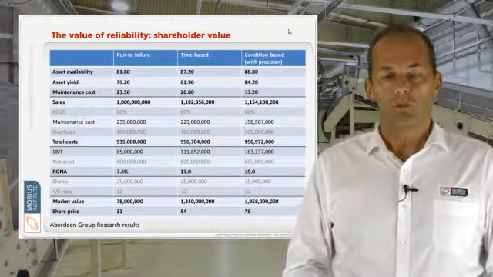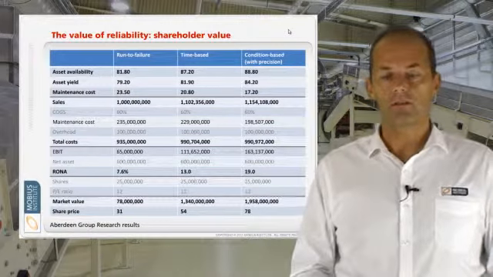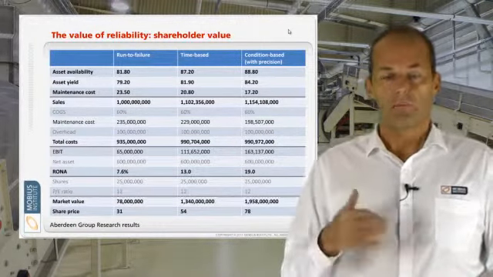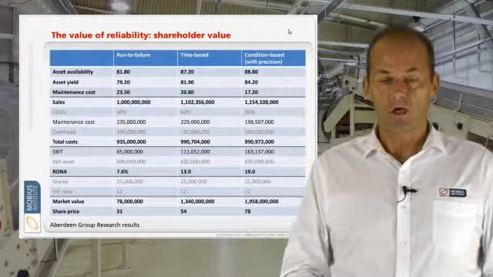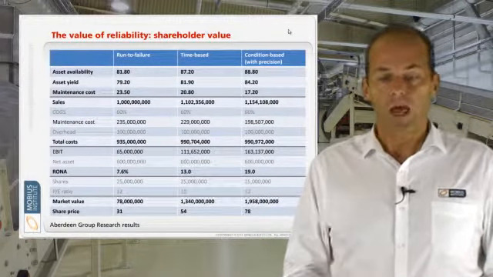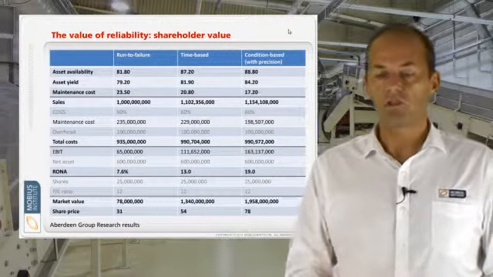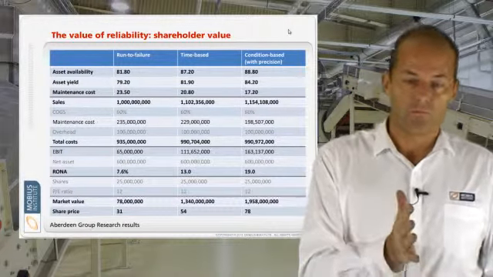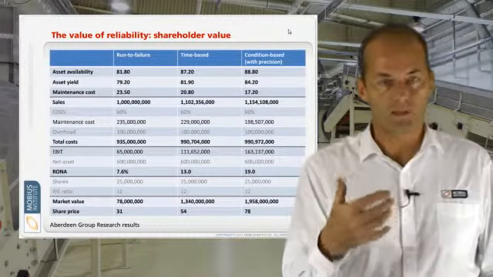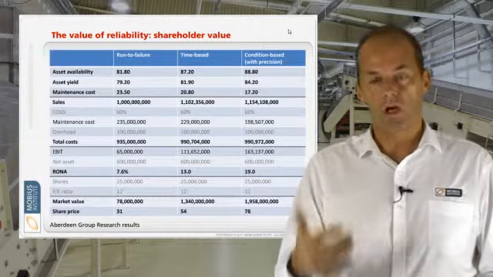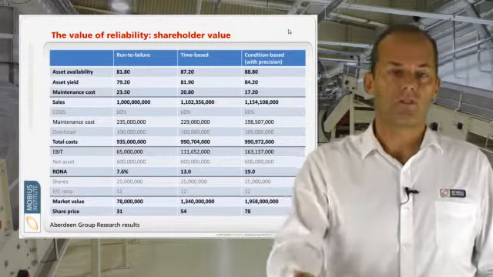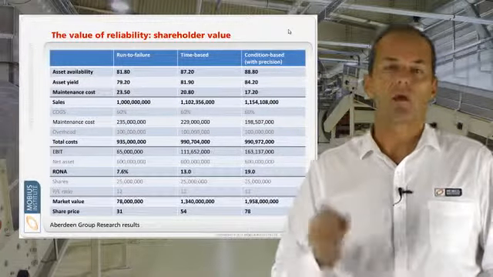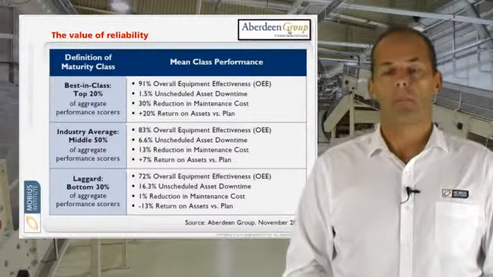Asset yield, maintenance cost as a percentage of sales, the actual sales revenue when it's all normalized, the maintenance costs and total costs, the return on net assets, our market value and share value, you can see the types of improvements that were gained by going from run to failure or completely reactive maintenance through time-based maintenance, assuming that everything is age-related failures, through to condition-based maintenance on the appropriate assets.